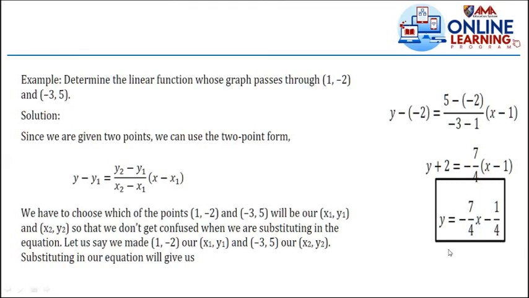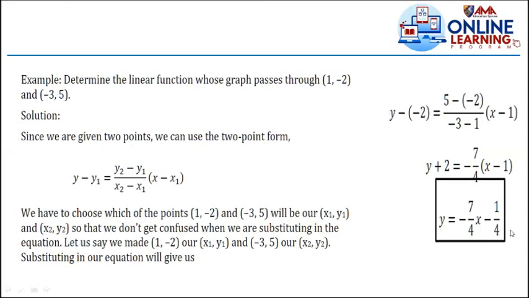So your equation in the two-point form is y equals negative 7 over 4 times x minus 1 over 4. But when we substitute this, it will change, no? The plus 2 disappears here, or minus 2. So minus 2, negative 1 half minus 1 over 4 minus 2. Okay?